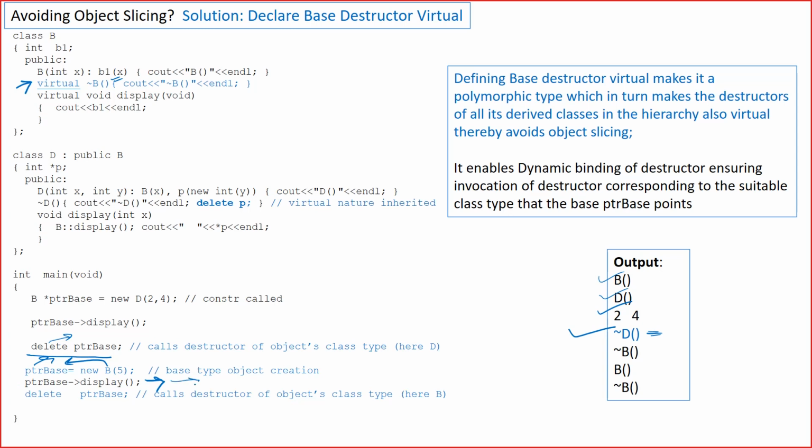Pointer base is now pointing to B and display is a virtual function. So what is it pointing to? B it is pointing to. So it will consider the type of B. So it will display this one, B1.